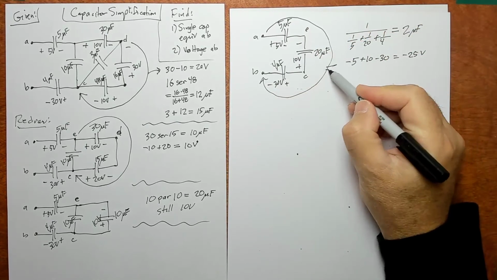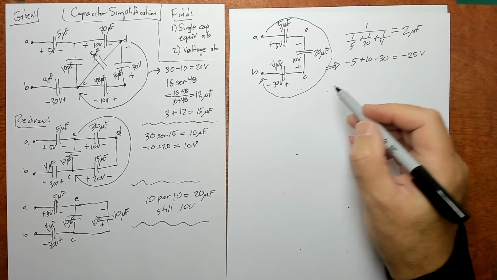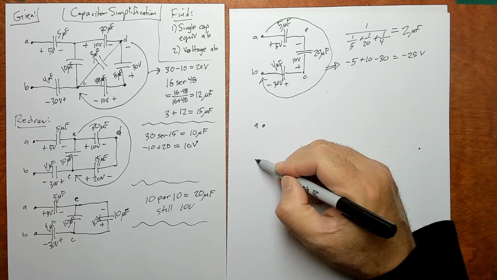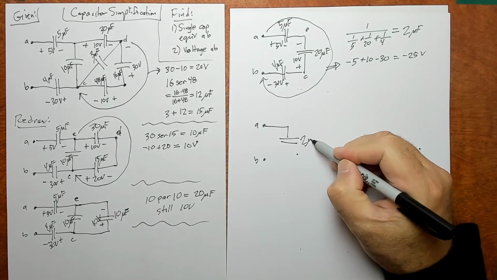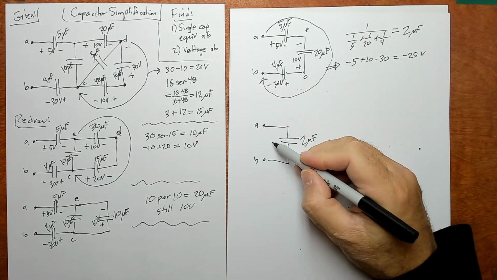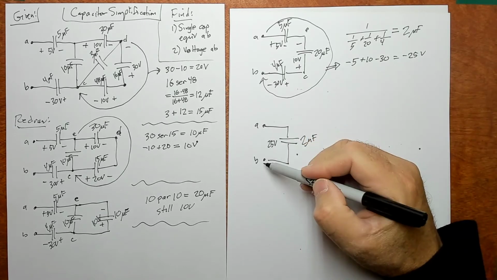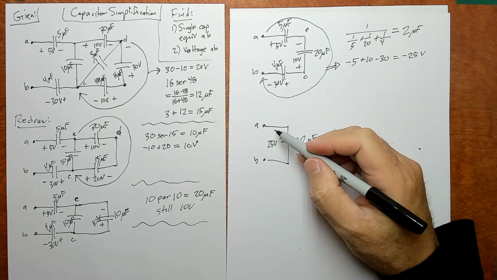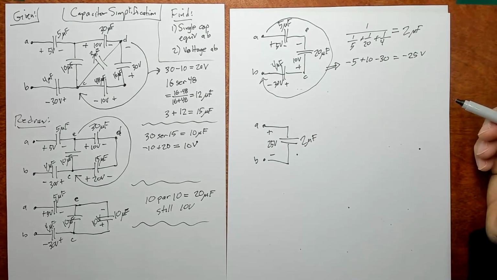Okay, so that's our answer. Our answer is a single capacitor with 2 microfarads and 25 volts, and from A to B it's a drop, so we want the positive sign up here and the negative down here. That's it. All right.